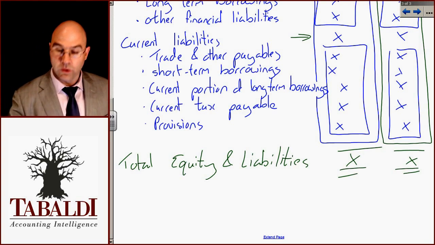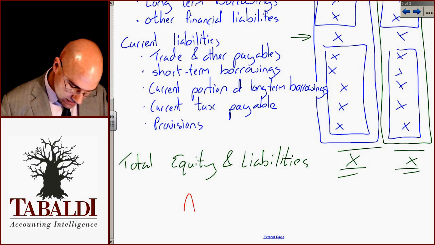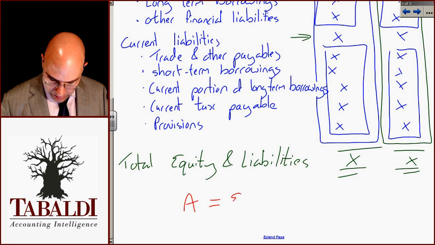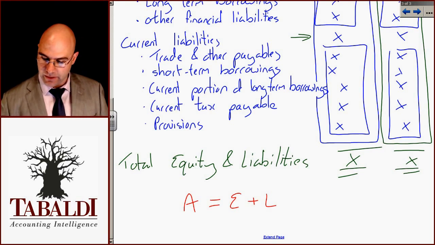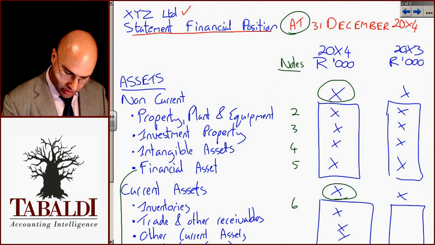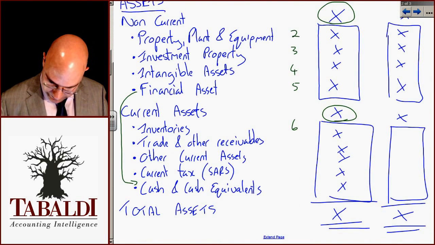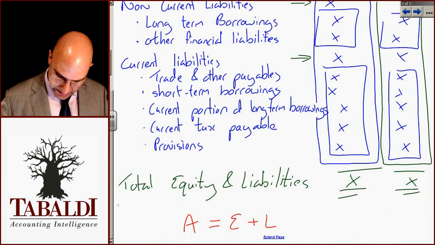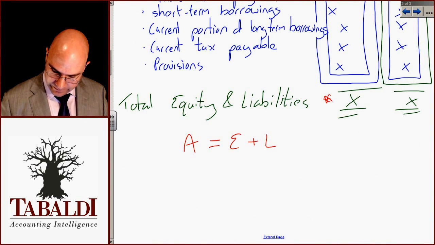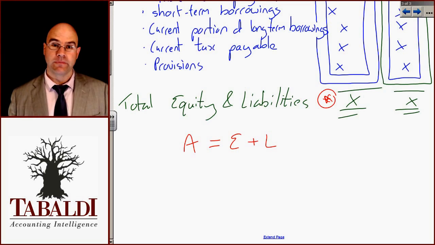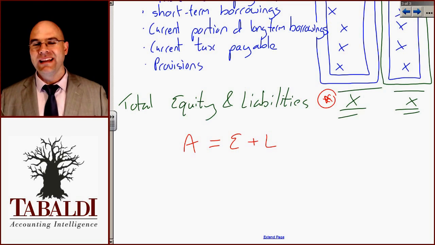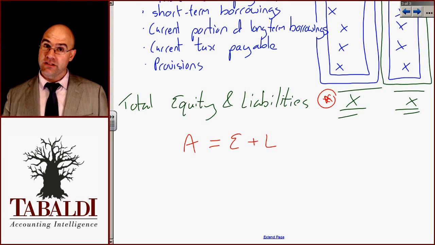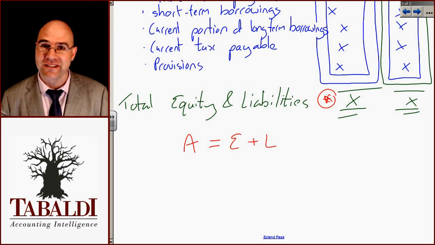Now, what we must remember is that the assets total should equal the owner's equity plus liabilities. So we should have the total assets and the total equity and liabilities must be equal. Now, guys, in the real world, they have to be equal, otherwise you're in trouble with some type of authority, right?